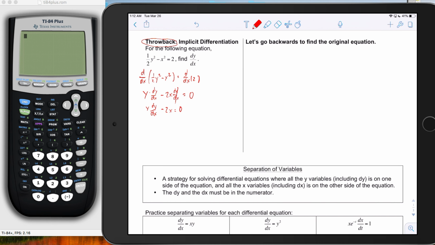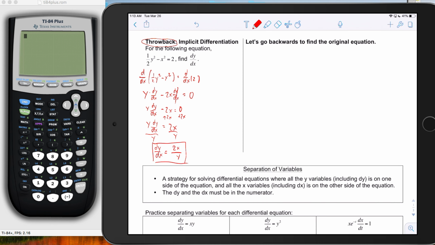If I'm solving for dy/dx, let's keep y dy/dx here, move 2x to the other side, and then to solve for dy/dx, I'm going to divide by y, and so you get dy/dx is equal to 2x over y.